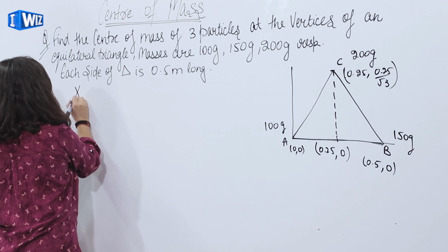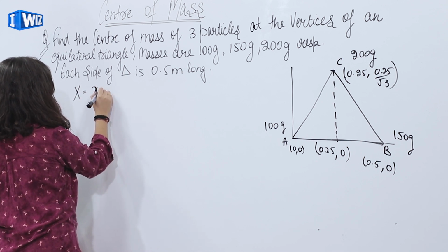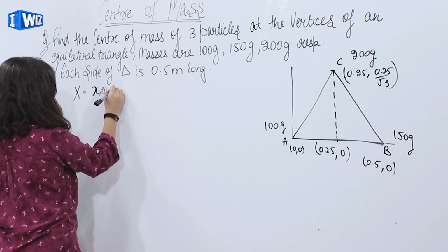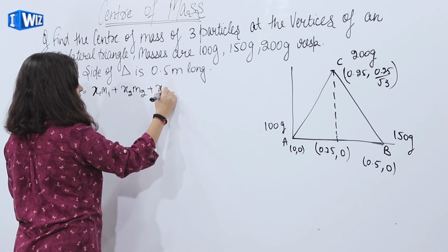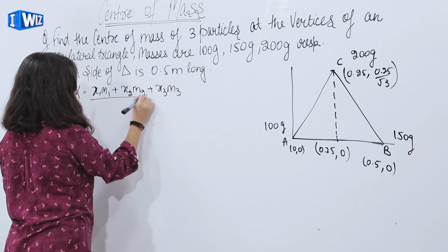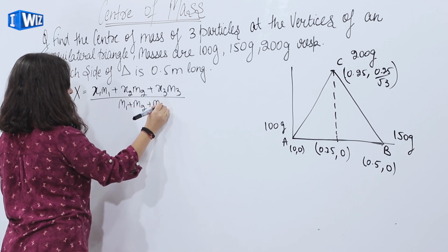Now let's write the formula for center of mass. We have x1 m1 plus x2 m2 plus x3 m3 upon m1 plus m2 plus m3.